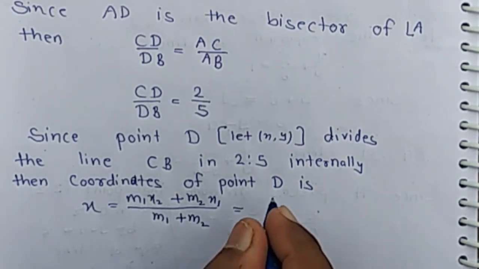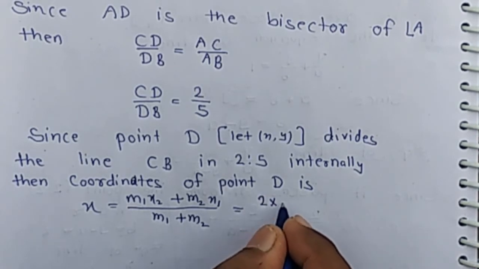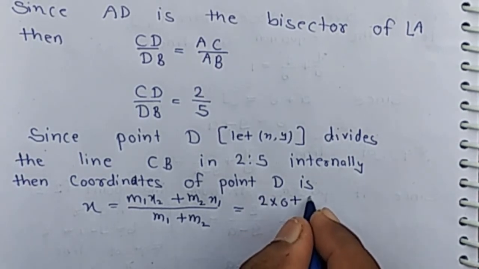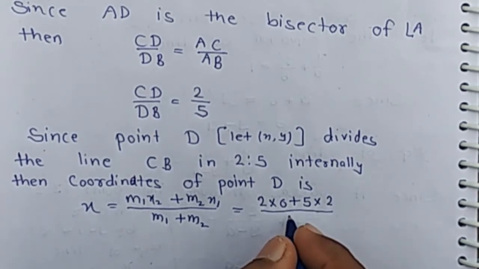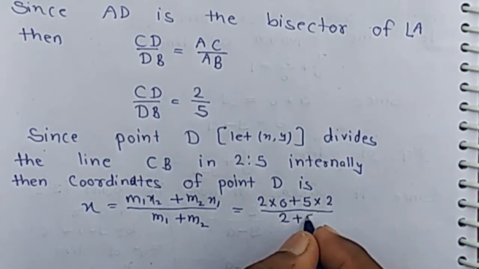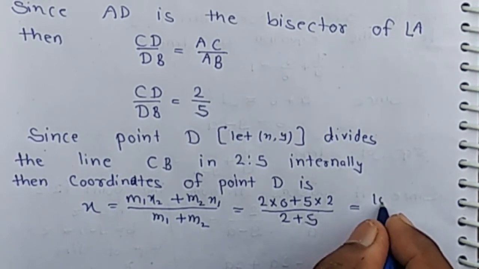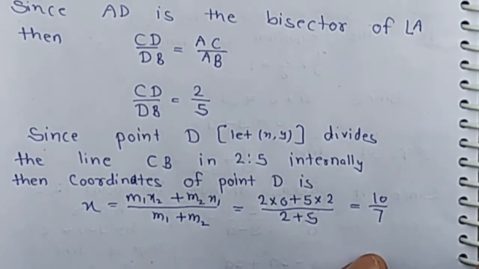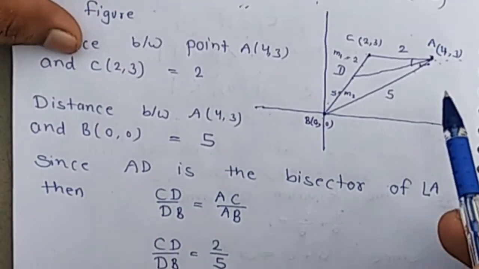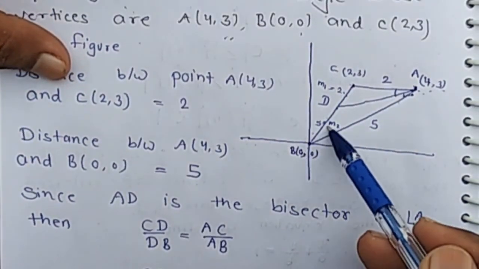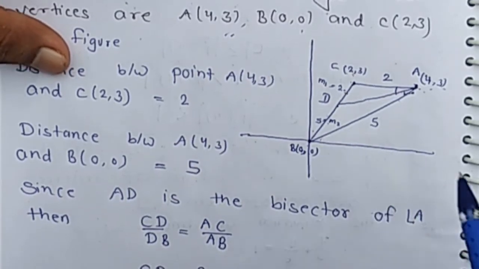We have m1 as 2, x2 as 0, plus m2 as 5, x1 as 2, by m1 plus m2. Then it is 10 by 7.